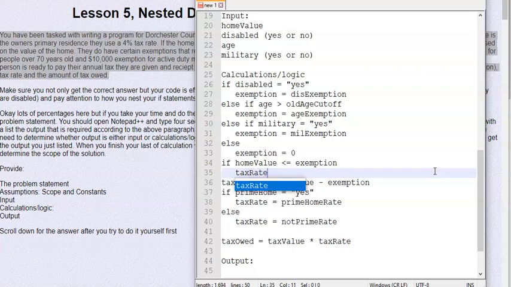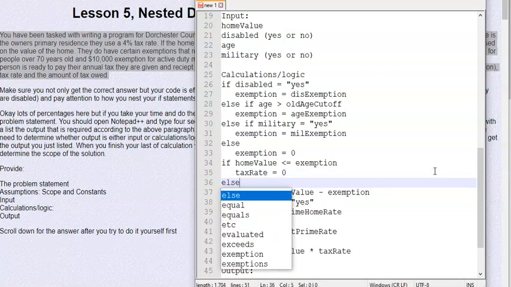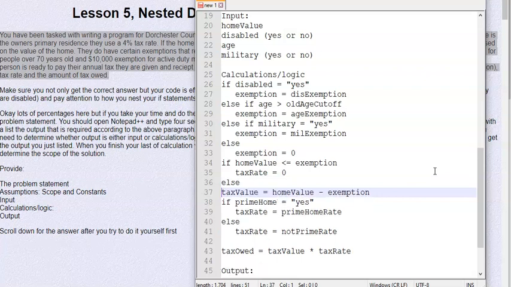How's that? Tax rate equals 0. Else, we do all this other stuff.